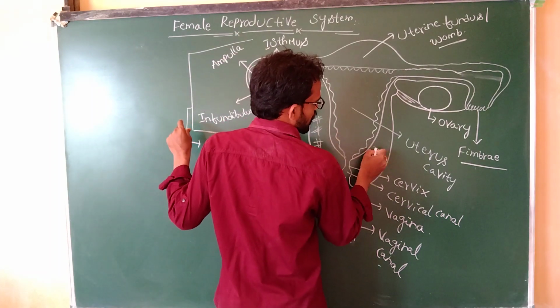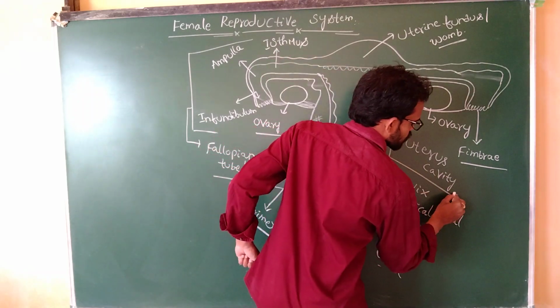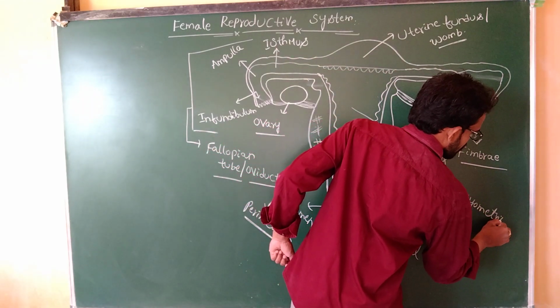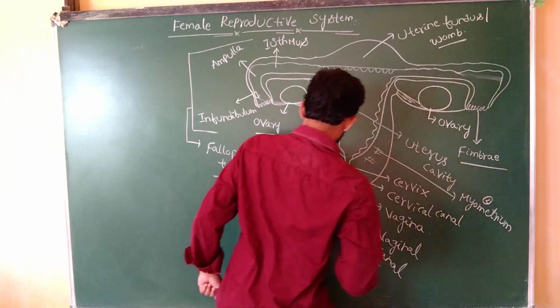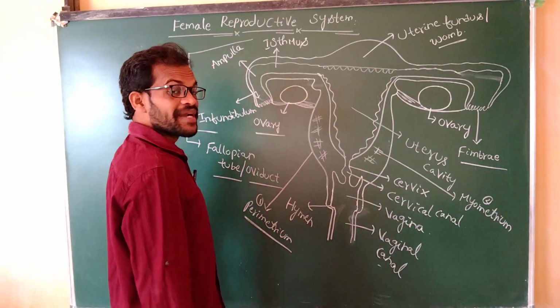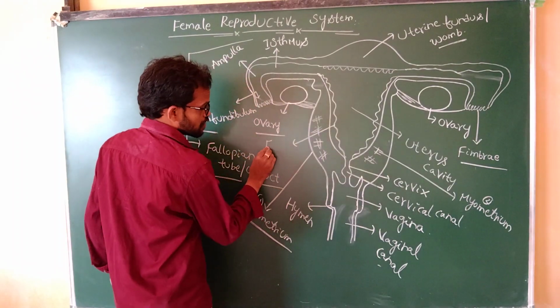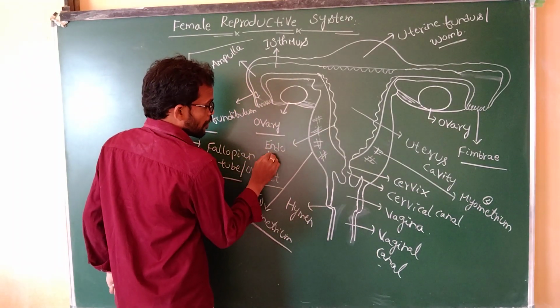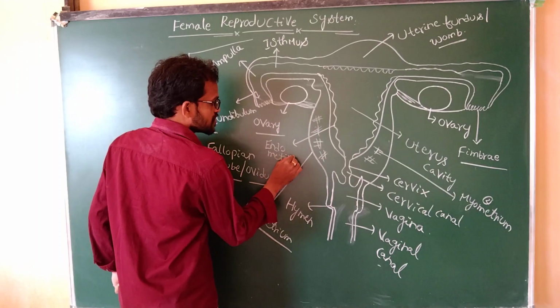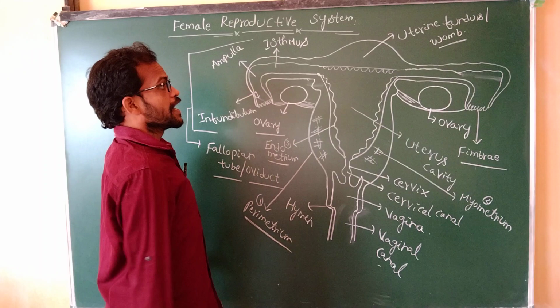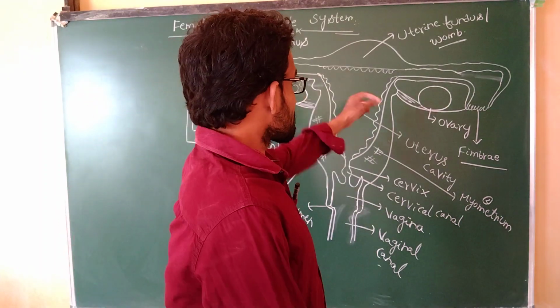The second layer is the myometrium. The third one is the endometrium.